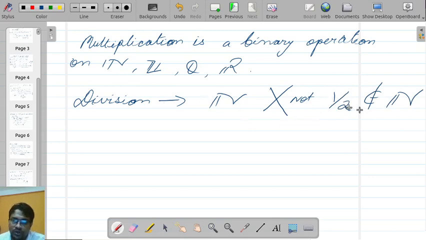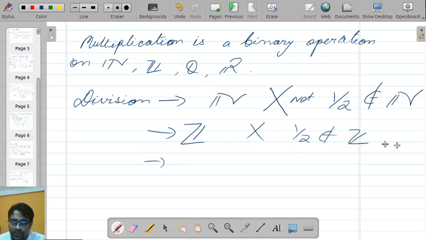On the set of integers, same logic: 1 divided by 2 is not an integer. Another reason is 1 by 0 doesn't make any sense. On Q, division is also not a binary operation, because division by 0 is not possible.